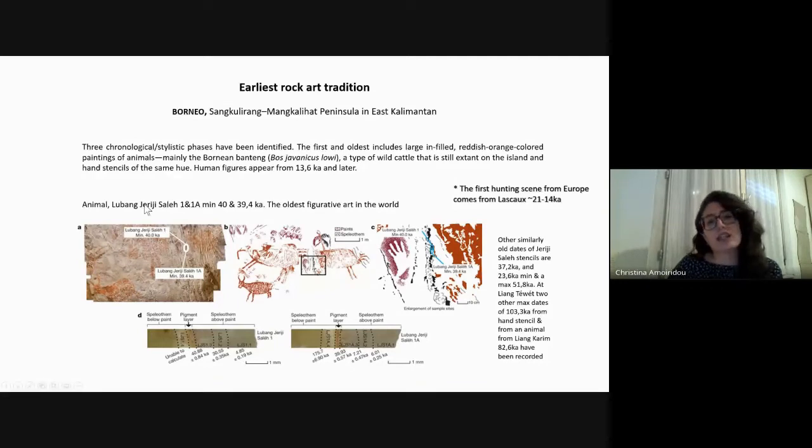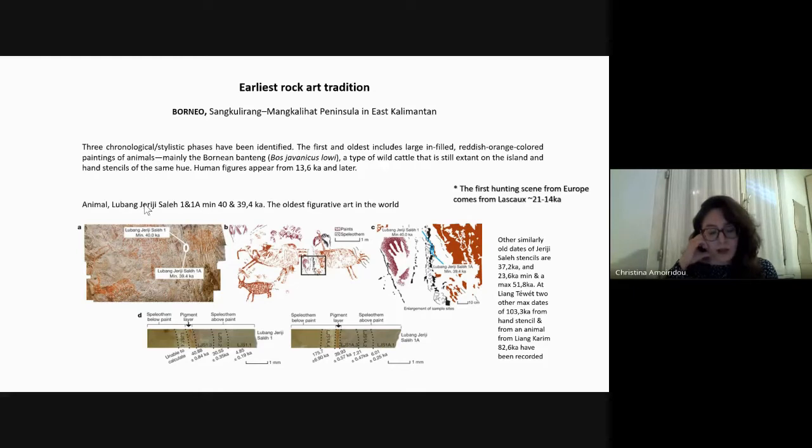Okay. Here I will present you the earliest phase of rock art tradition. I talk about the earliest because, according to research in the last few years, a three-phased tradition has been proposed on the islands, and in some cases two.